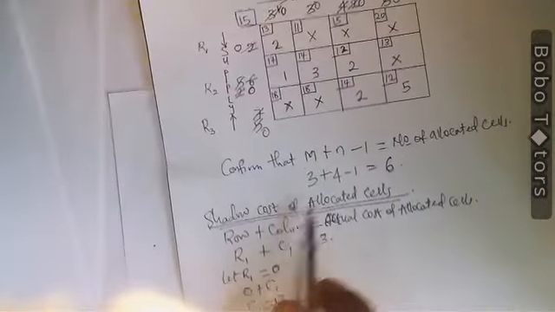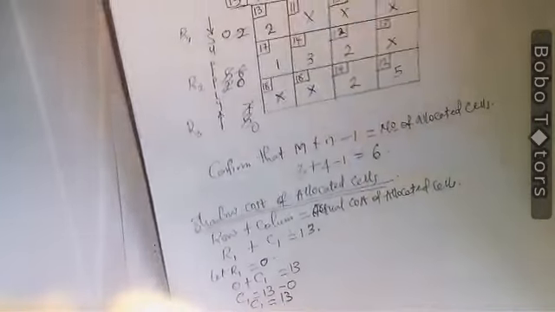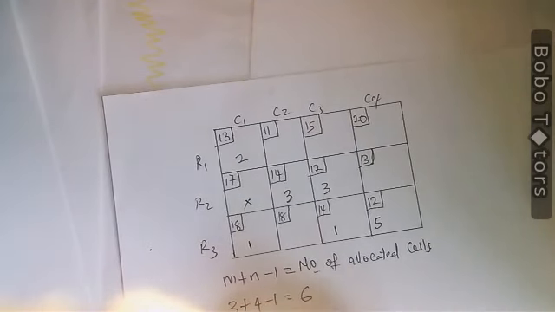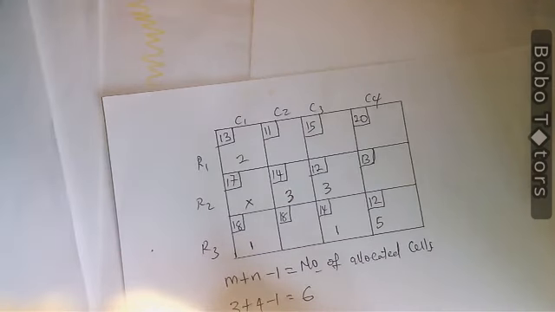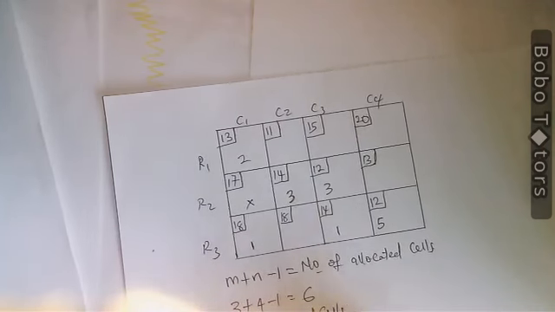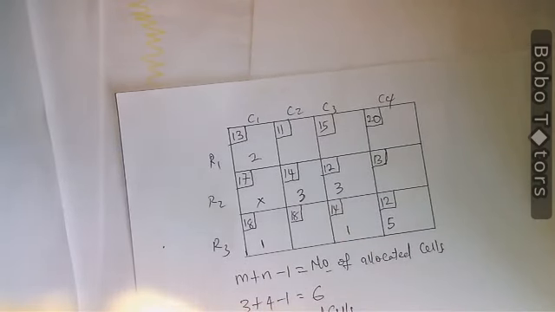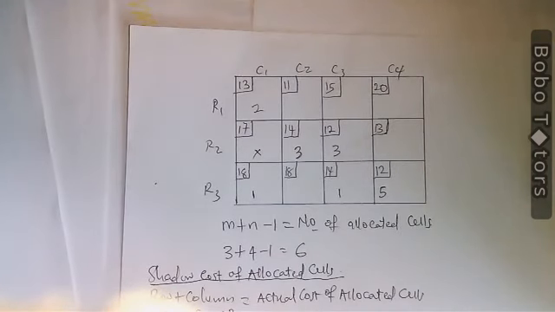So the next thing, we are going to recompute our shadow cost of allocated cells the same way we computed it. So if you did not get the first one, this is another opportunity to get this of allocated cells. So remember the formula that we are using as we've used earlier.